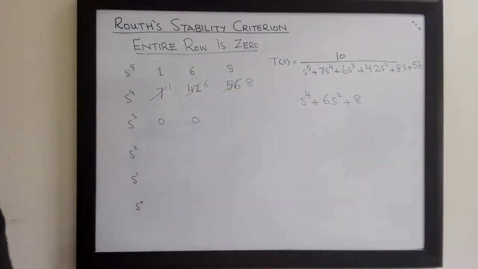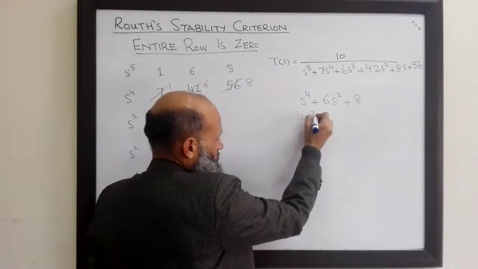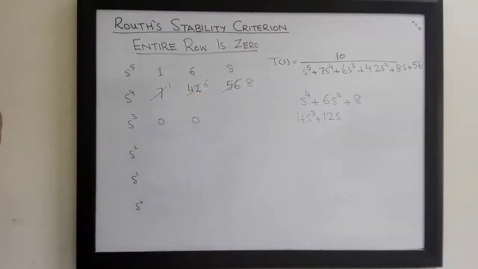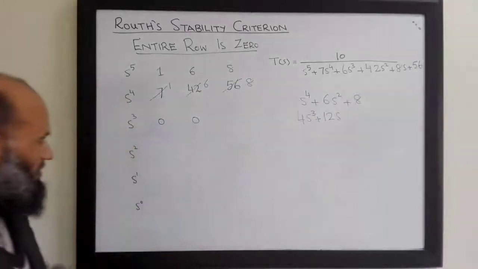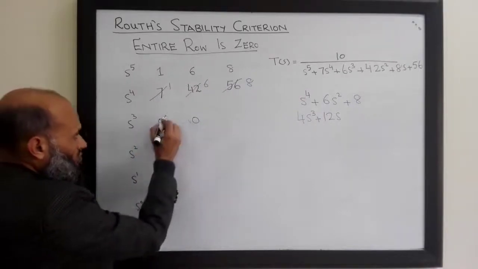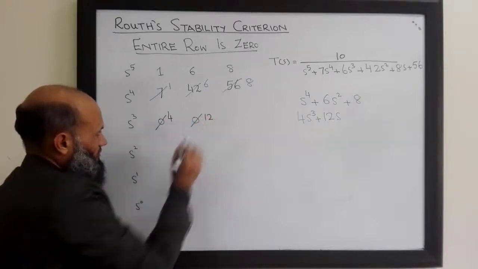Take the derivative of this polynomial, and we get 4s cubed plus 12s, and then we shall write the coefficients of this polynomial over here, that is we shall replace this 0 with 4, and then this 0 with 12.